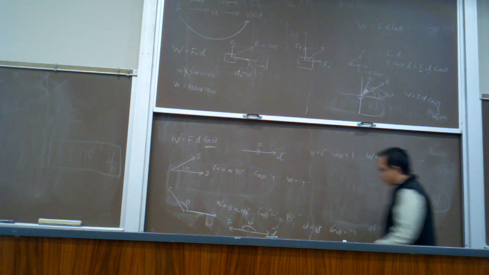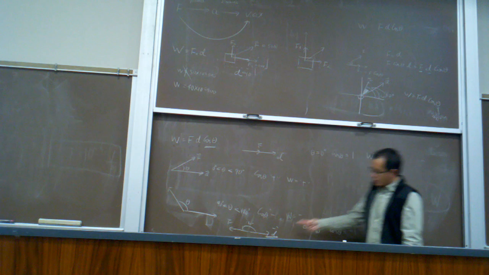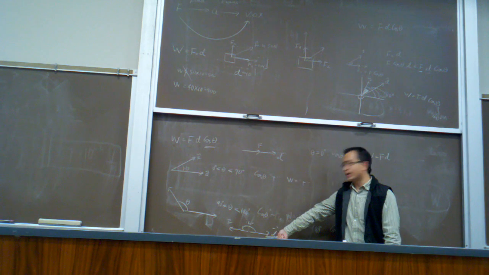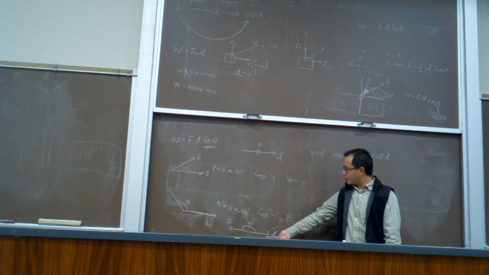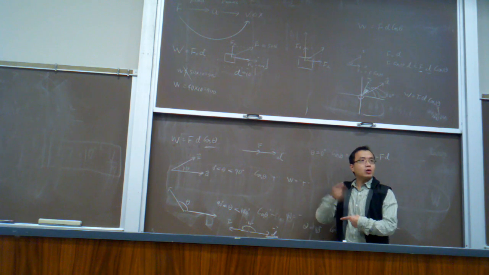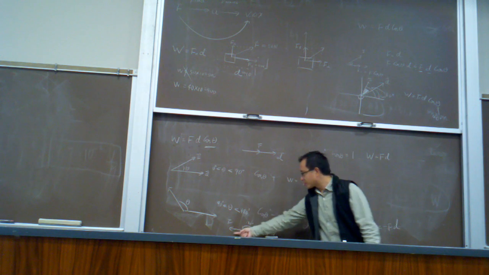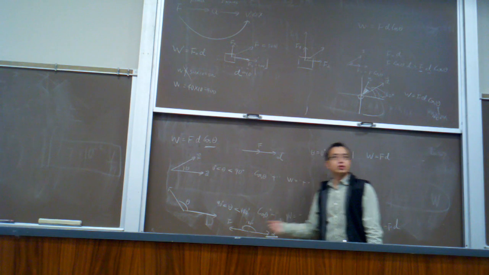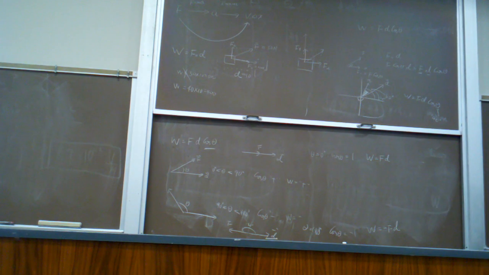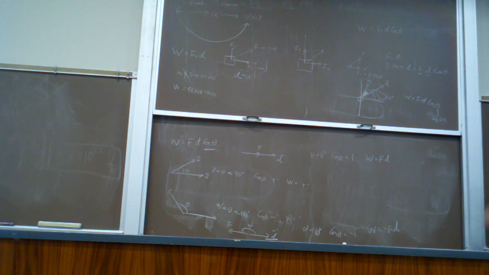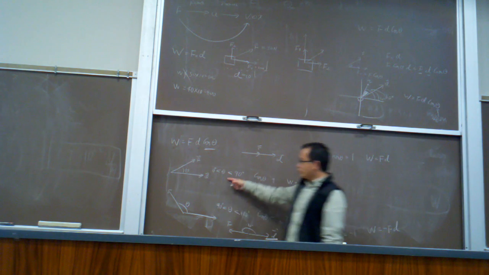In this case, because the force is completely opposite to the motion, all the force contributes negatively to the motion. Now, there is another important special case. It's between the two situations.